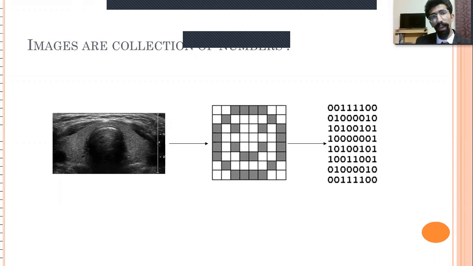In AI, we teach the computer to recognize a pattern in these numbers. This image is going to be converted into numbers, and we will teach the computer to recognize a pattern in those numbers.